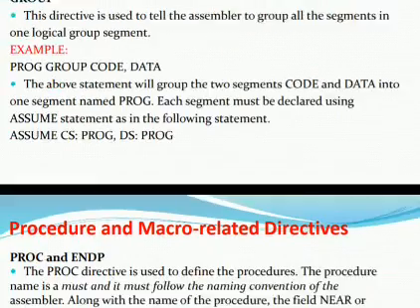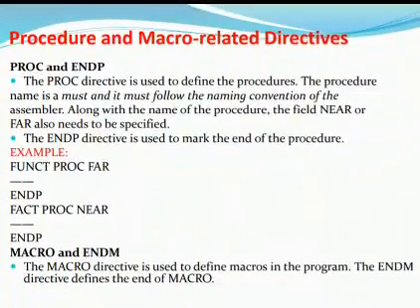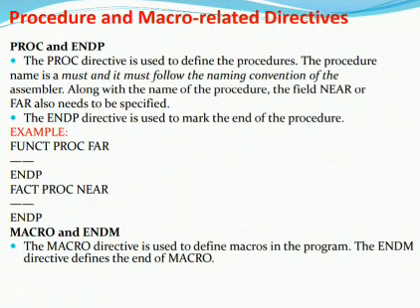And the next classification is procedure and macro related directives. PROC is used at the starting of the procedure and the ENDP directive is used at the end of the procedure. It is also classified into two types, near procedure type and far procedure type. For calling a near function, we use the near procedure. For calling a far function, we use the far procedure type.